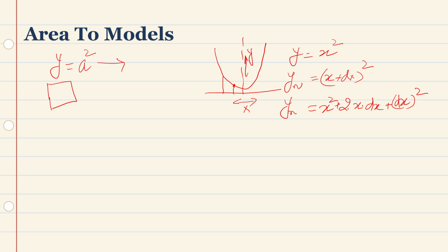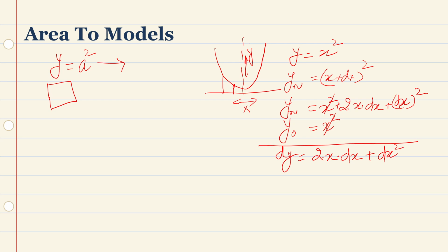Now if you want to understand how much y changed, you apply the same concept: you subtract the old value of y from the new value of y, and the old value of y was x squared. That means dy is what? It is 2x dx plus dx squared.